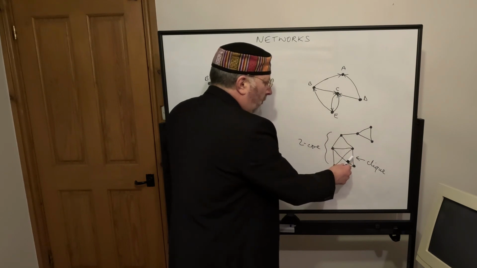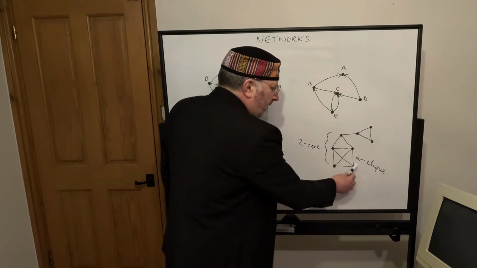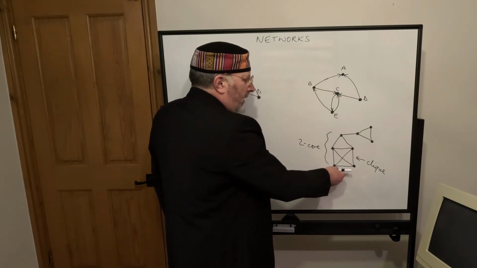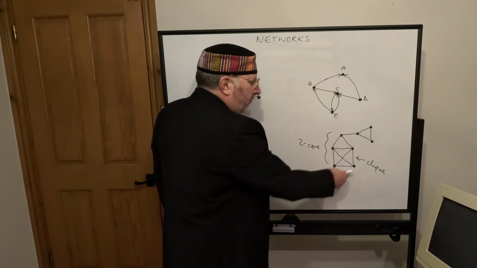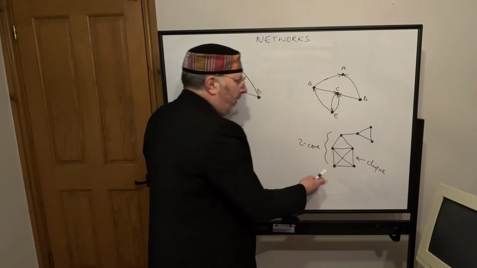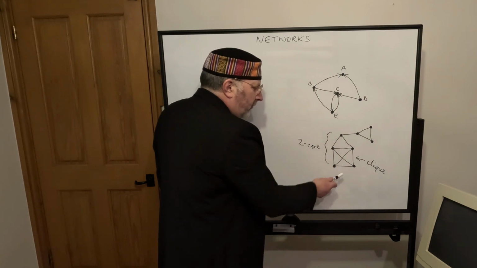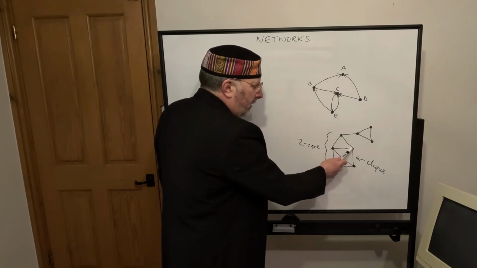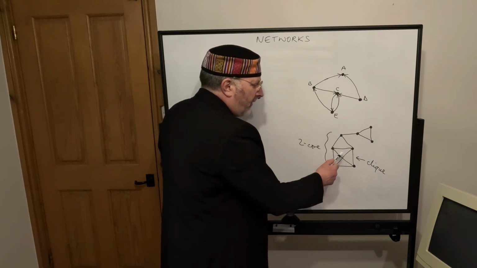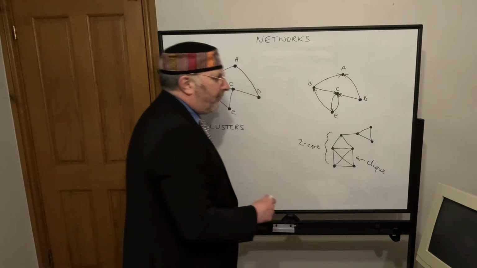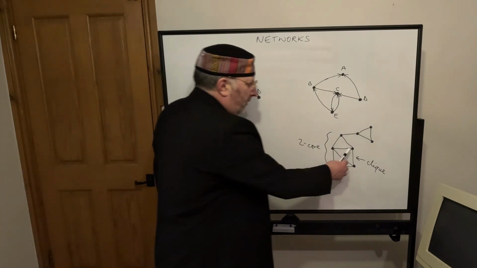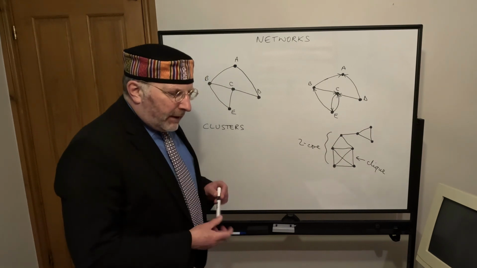This one is connected to 4, so that is certainly at least 2, and these down here are connected to 3. So we can say that for all the nodes in that set, they are all connected to at least 2. This clique is a 3 core because every node in that clique is connected to at least 3 of the others, and in fact all 3 of the others. There are only 3 others, so we could also call that a 3 core.